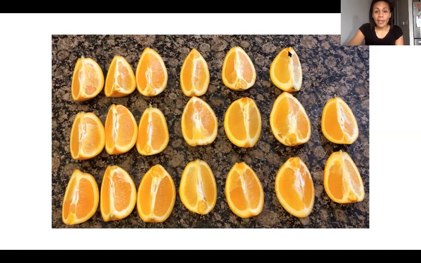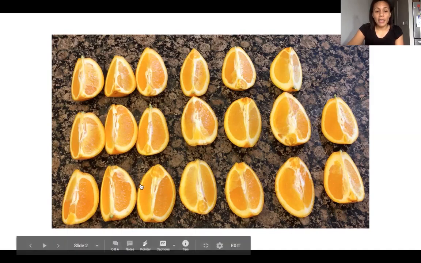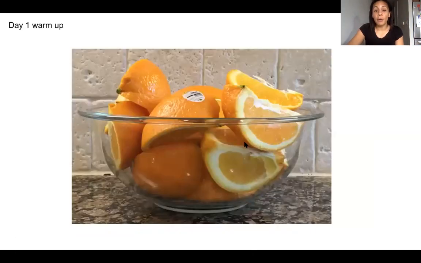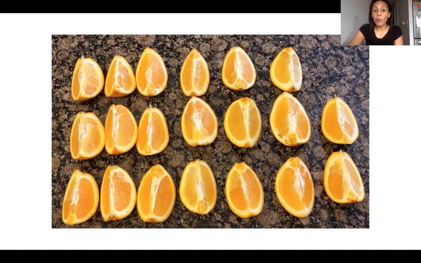Well, now here they are. So you are going to make an estimate. An estimate is a smart guess. You're going to make an estimate of how many whole oranges are on this table or in the bowl. How many whole oranges are there? Pause the video and write down your smart guess on your notebook or on the piece of paper.